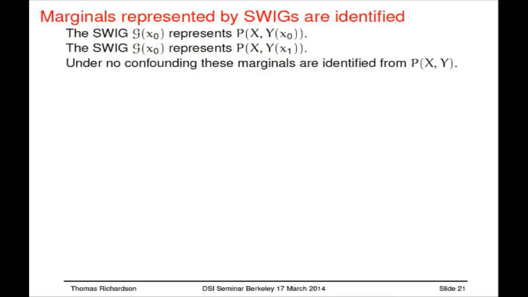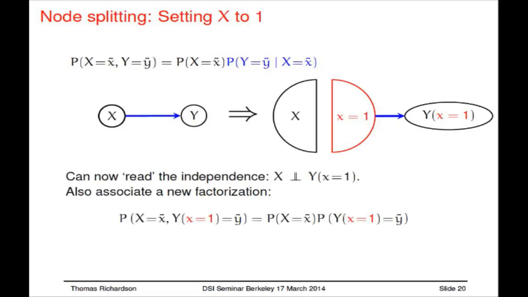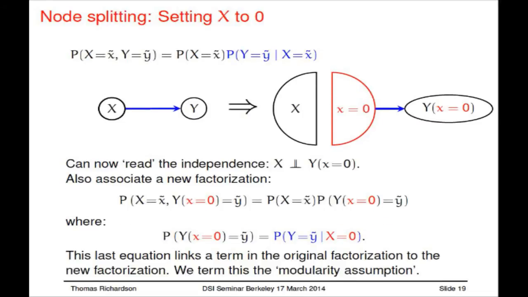This is a typo. This should be g of x1 represents the joint over x and y of x1. And under no confounding, these marginals are identified from the original joint distribution. So each of these graphs, this one and this one, represent joint distributions over counterfactual variables that are identified under the assumption of no confounding.